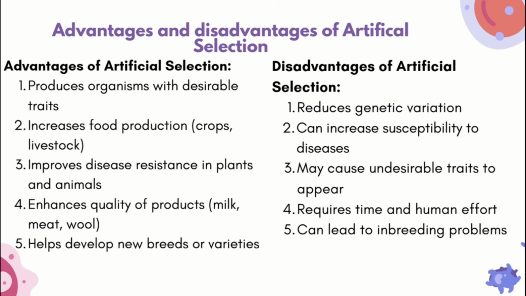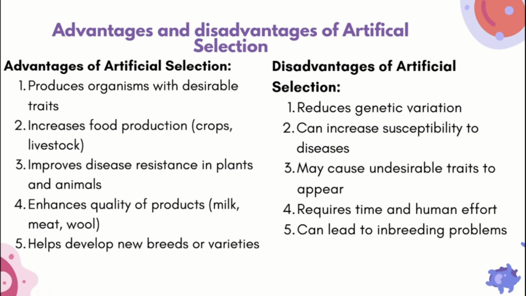This is just comparing artificial selection right here, talking about its advantages and its disadvantages. So basically, one, it produces organisms with desired traits, and we're the ones picking the trait. We say, okay, the cow, we need more milk, so we're the ones putting in the trait that we want.